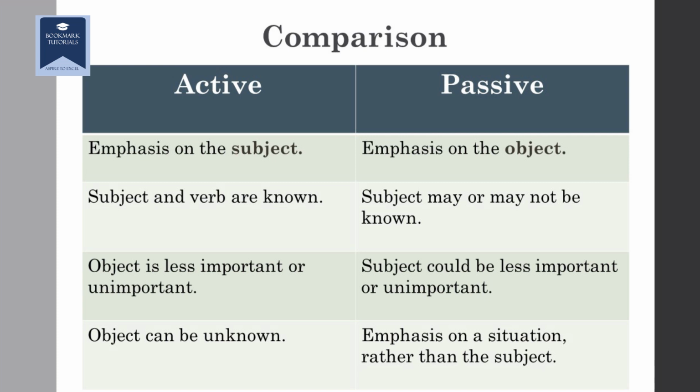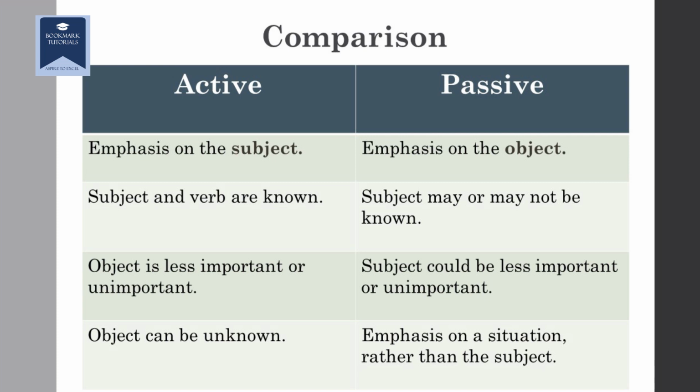Here, someone is the subject in the active form, which is omitted in the passive form because it's giving more importance to the fact that my coffee mug is broken and whoever broke it is unimportant. The passive voice emphasizes the situation rather than whoever or whatever caused it.